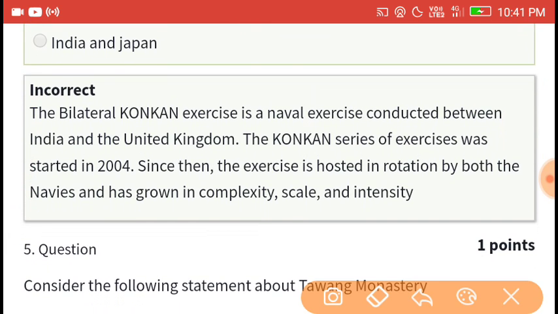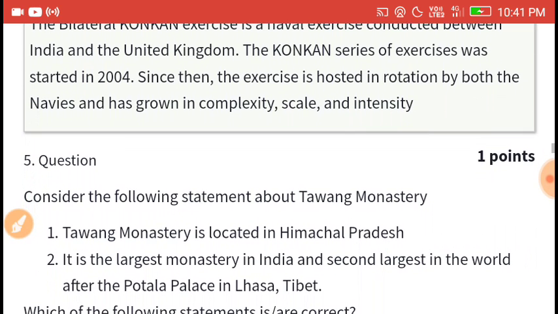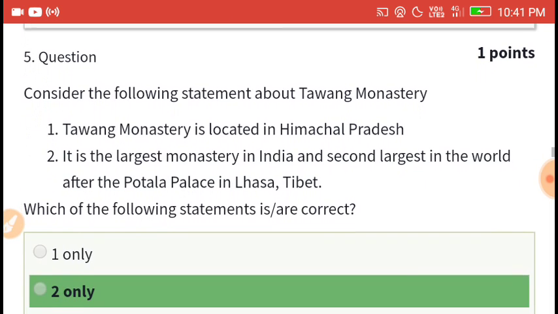The bilateral Konkan exercise is a naval exercise conducted between India and UK. The Konkan series of exercises was started in 2004. Since then, the exercise is hosted in rotation by both navies and has grown in complexity, scale, and intensity.